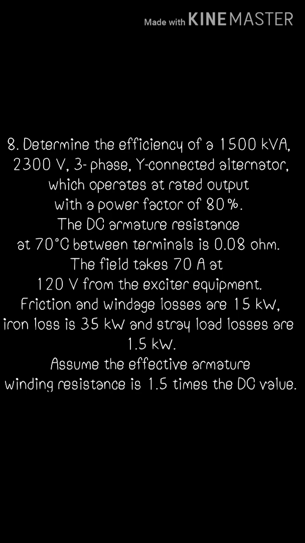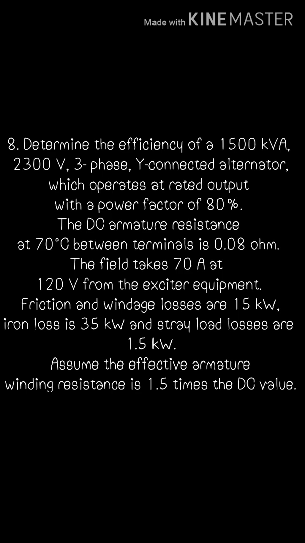Number 8. Determine the efficiency of a 1500 kVA, 2300 volts, 3-phase, Y-connected alternator which operates at rated output with a power factor of 80%. The DC armature resistance at 70 degrees Celsius between terminals is 0.08 ohm. The field takes 70 amperes at 120 volts from the exciter equipment.